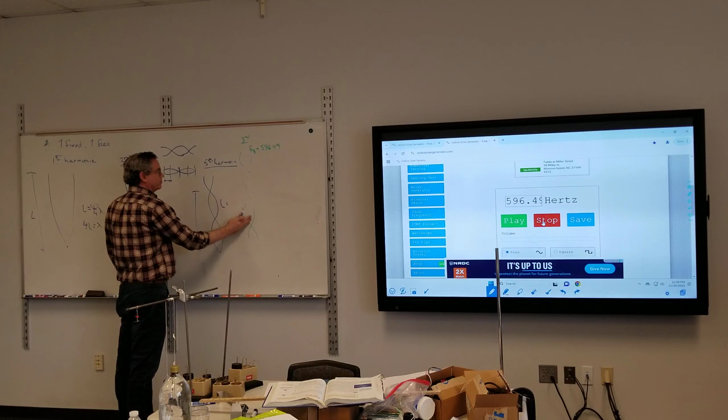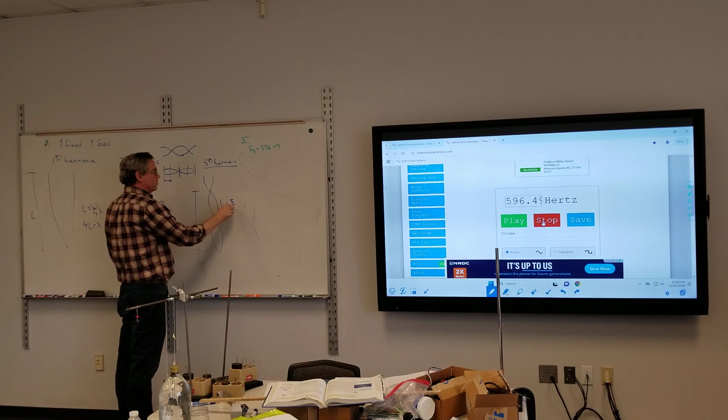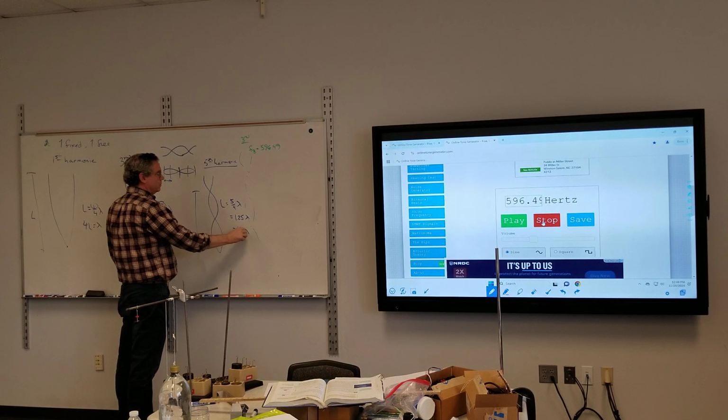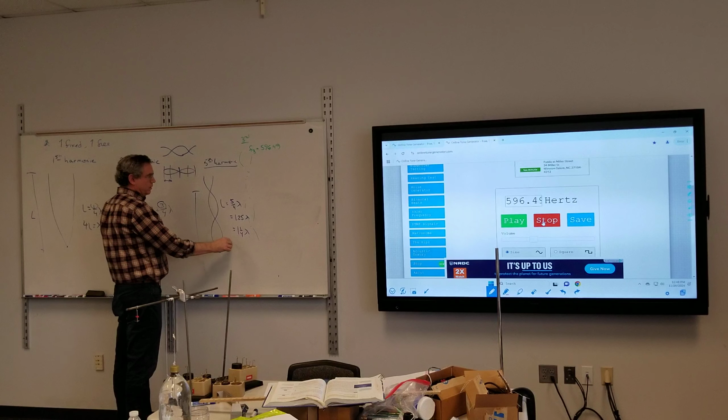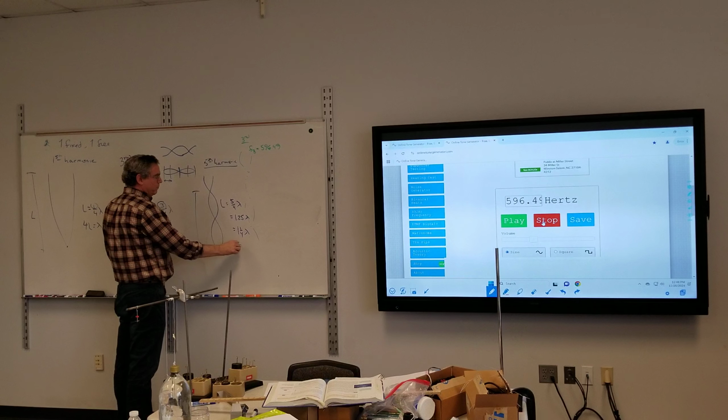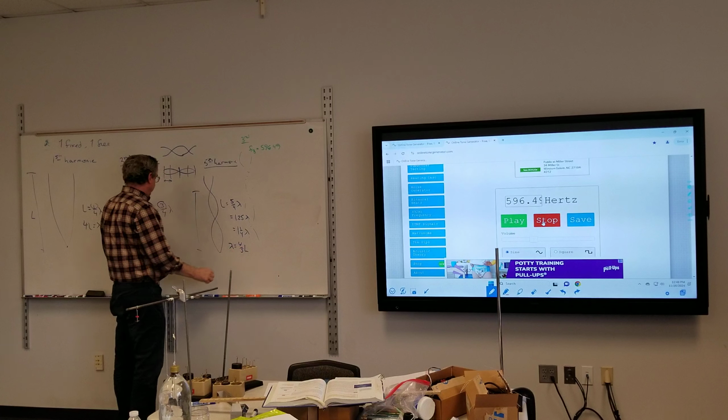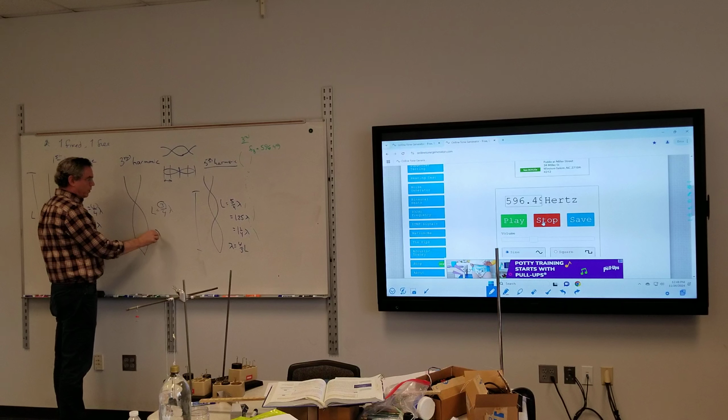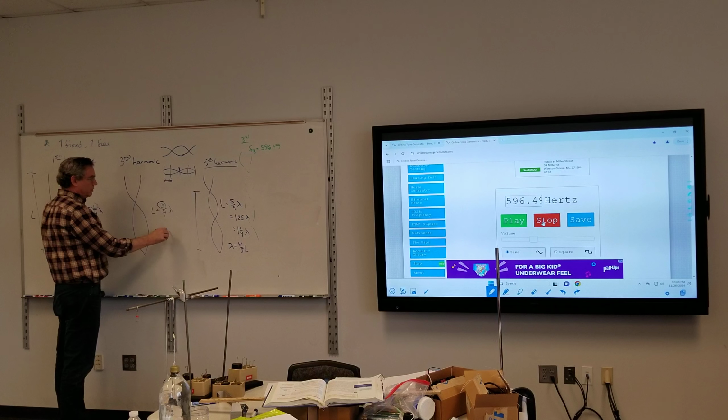L is equal to 5/4 of a wave, or for the decimal fans out there, 1.25 waves, or for the mixed number fans, 1 1/4 waves. So the wavelength is going to be 4/5 of the length. Here, the wavelength would be 4/3 of the length.